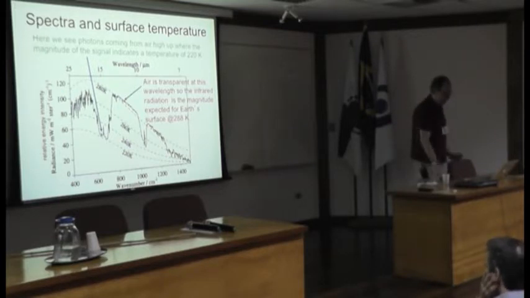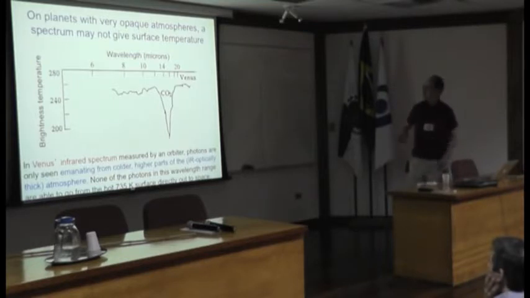But if we try that for another planet in our solar system, Venus, we just see in this wavelength range the emission from high up in the atmosphere where it's much colder than the surface. So if we were to look at this spectrum, how do we know the surface of Venus? What temperature is it? All we're seeing is emission.